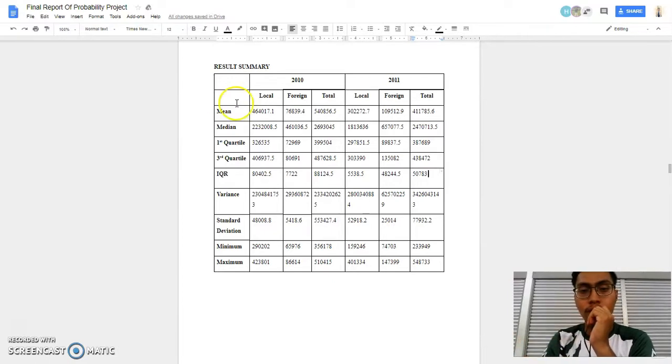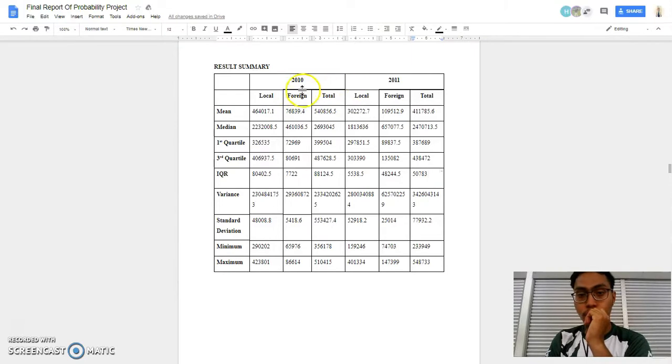We calculate the mean for local, international and the total. Then the median, first quartile, third quartile, interquartile range, variance, standard deviation, and minimum and maximum for local, international, and total.